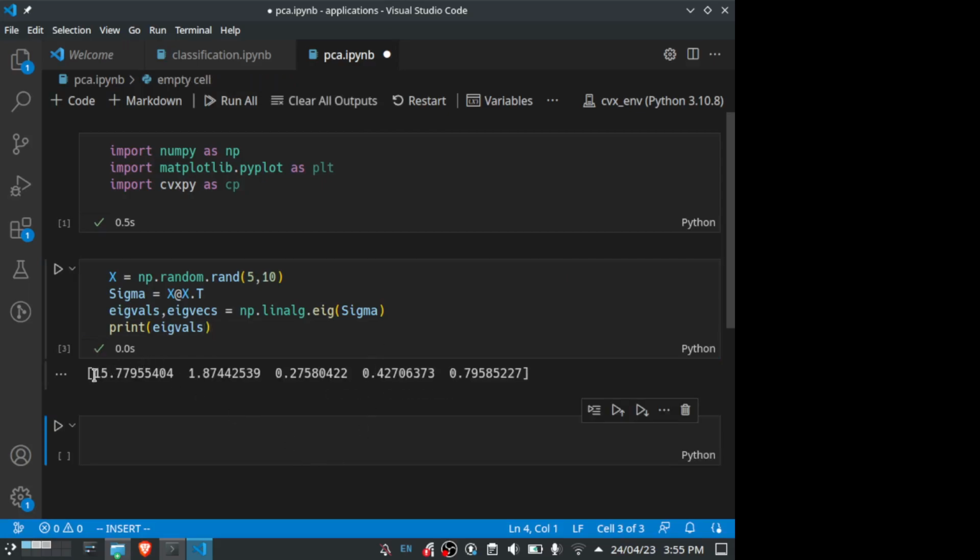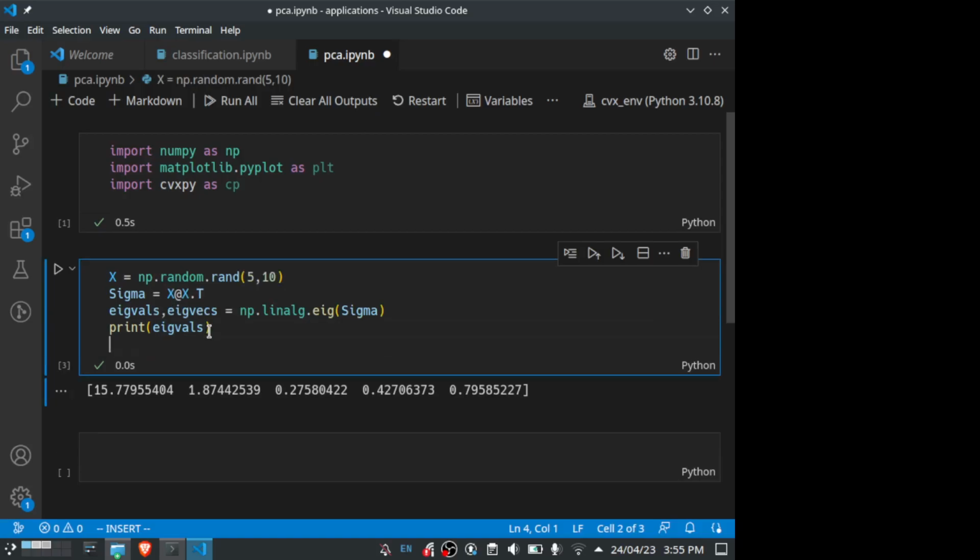Okay, so in this case, there's one eigenvalue which is really large. The remaining eigenvalues are pretty small. So let me just for now normalize this matrix sigma.